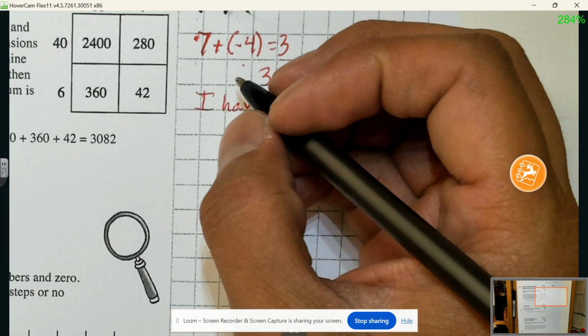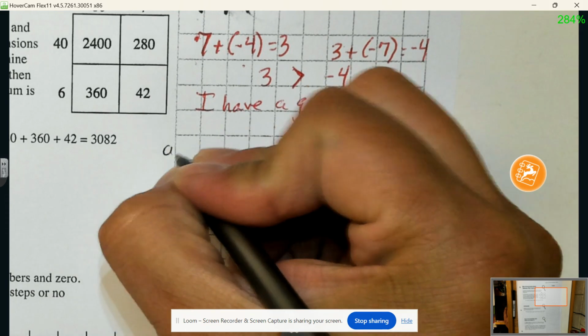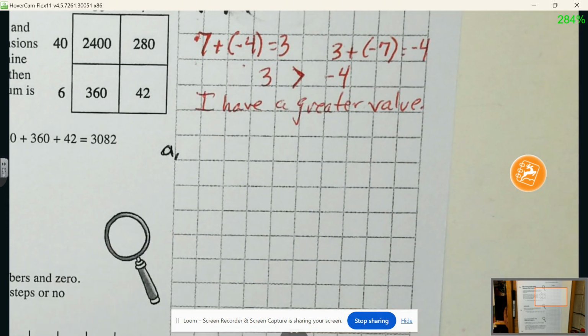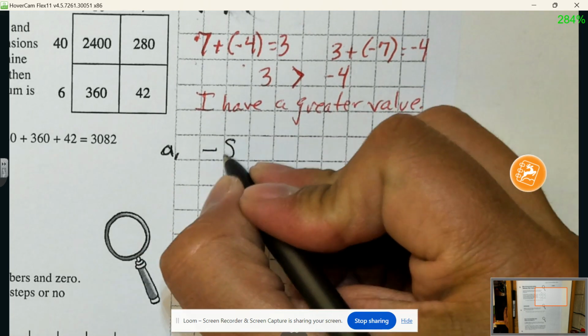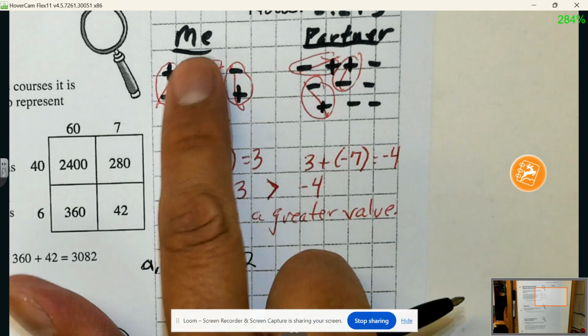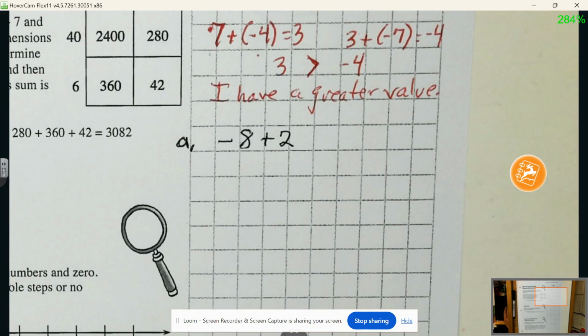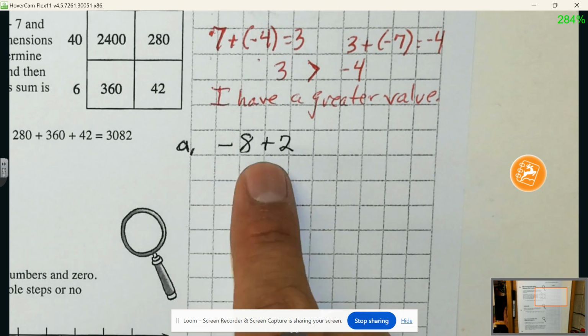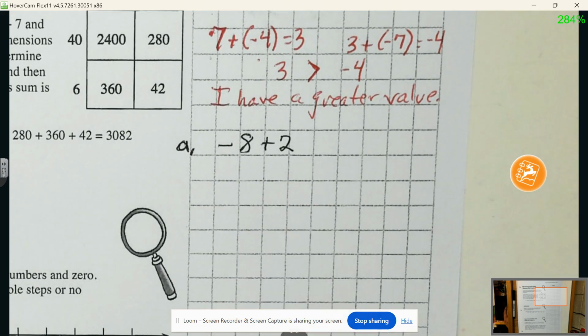Okay, this would be example A. We have negative 8 plus 2. So we're going from having the expression to now writing it using the tiles and using that to see what we have. If you're looking at this and you're new to integers, you're not sure, is it 10, negative 10, 6, negative 6, what's the value?